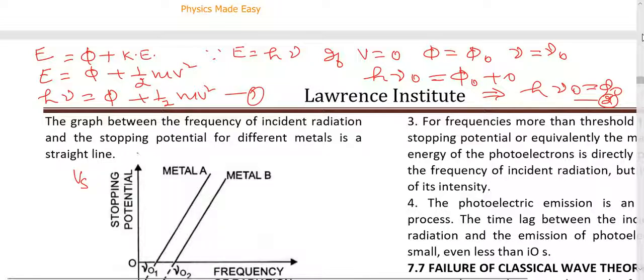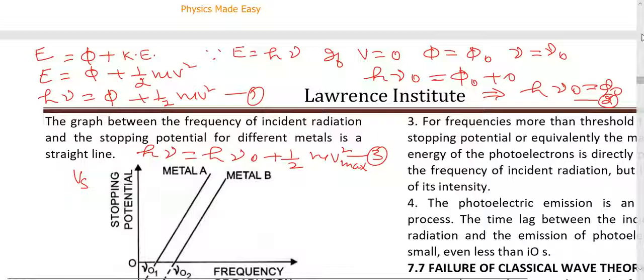Now this h nu naught plus half m v square represents kinetic energy, the maximum kinetic energy at a particular point.